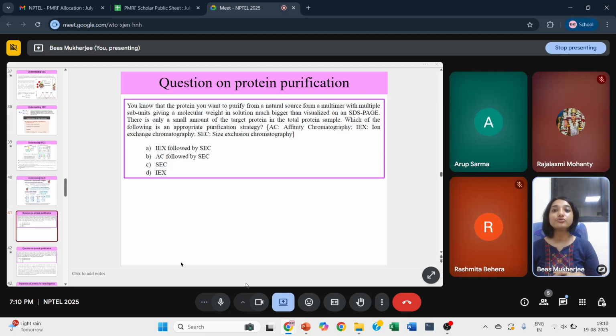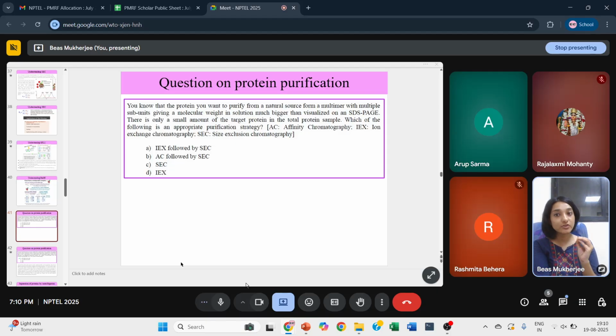So see, you know that the protein you want to purify from a natural source forms a multimer with multiple subunits, giving a molecular weight in solution much bigger than visualized on the SDS PAGE. In SDS PAGE, all the components break apart and you get only the size of the monomer, right? There is only a small amount of target protein in the total sample.